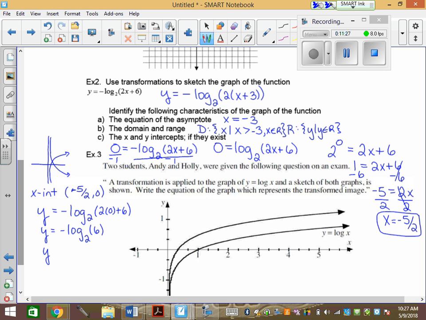So y equals negative whatever that is. It's going to be 2 to the 2 point something. Because you say 2 to what exponent is 6? That falls between 4 and 8. 2 to the 2 would be 4, 2 to the 3 would be 9. Or 8, sorry. So it would be 6. It could be 2 point something.